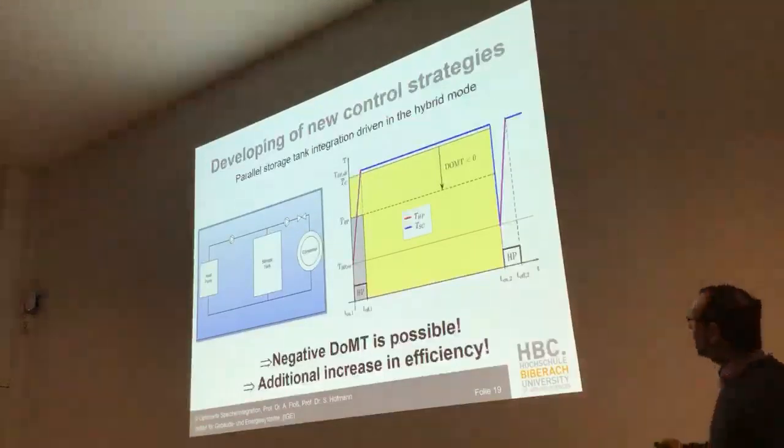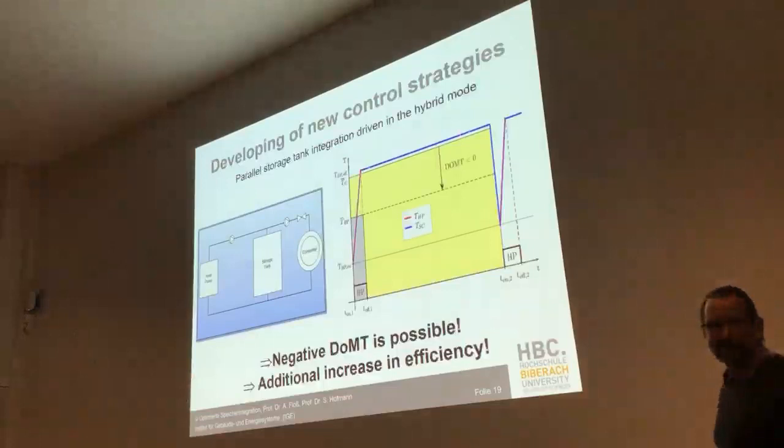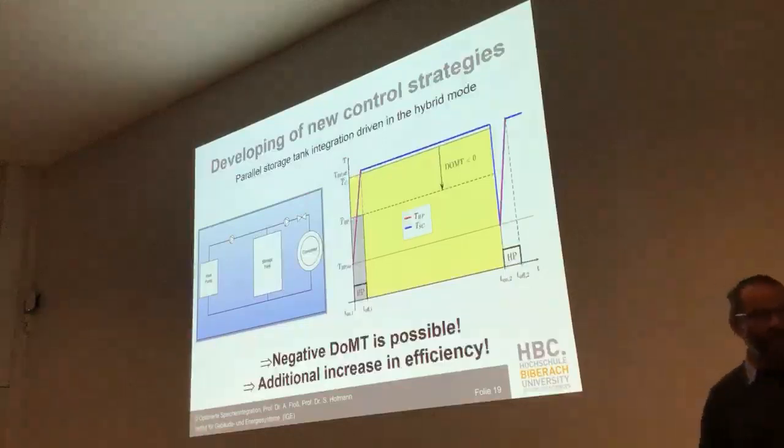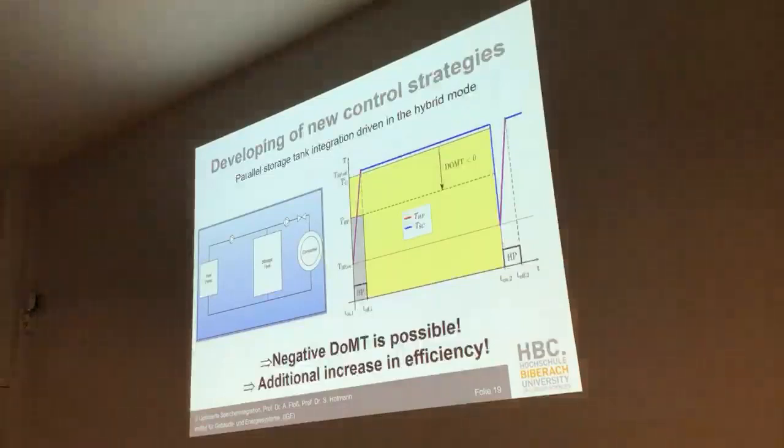So the temperature at the consumer is in the beginning here until the heat pump stops, and then you have a constant temperature level until the tank is empty. So the average temperature at the consumer is about here. And the average temperature at the consumer is higher than the average temperature at the heat pump during running time. And we reached in our test facility negative drops of mean temperature of up to 5 degrees.